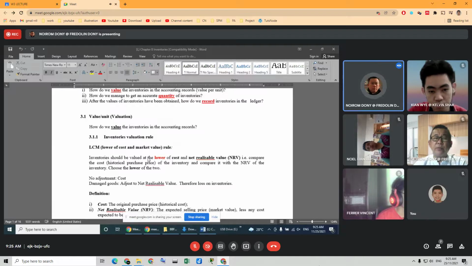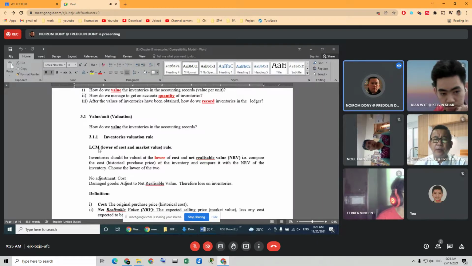So inventory should be valued at the lower of cost and net realizable value. For market value, you have to consider the net realizable value as well. Meaning you compare the selling price with the costs that are needed to make the item saleable. So sales price minus the expected costs, you will get net realizable value.